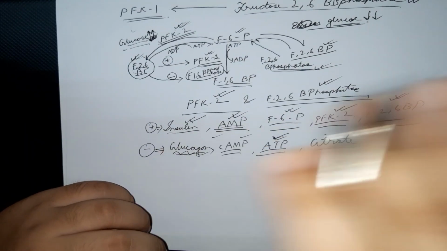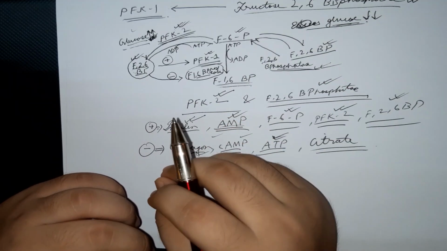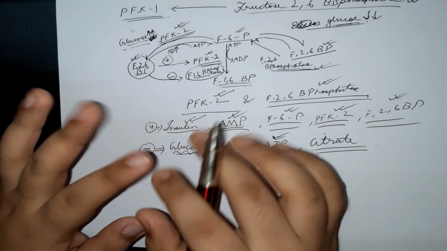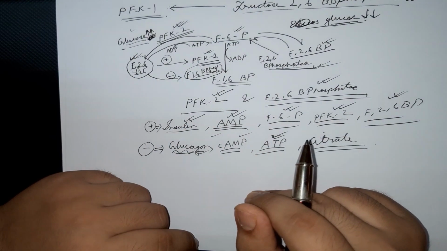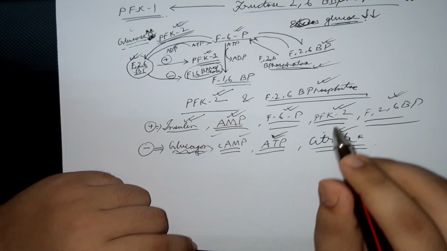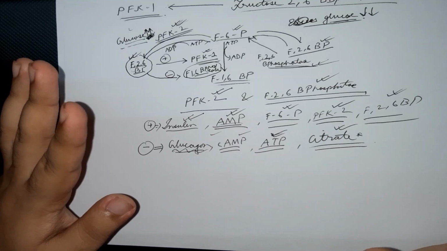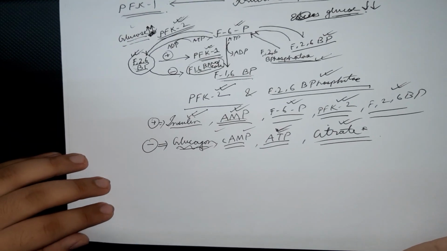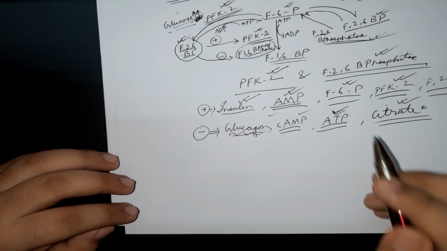So the excess ATP already formed will try to inhibit glycolysis. This is what I think is the reason why ATP inhibits this step. And citrate is another very important and unique inhibitor of this step. Okay, done. Now let's quickly move on to the next step.